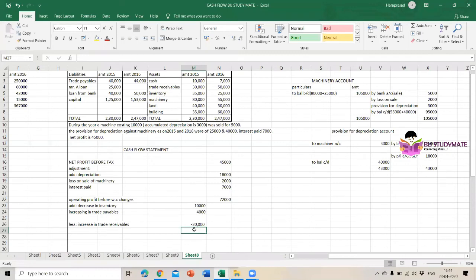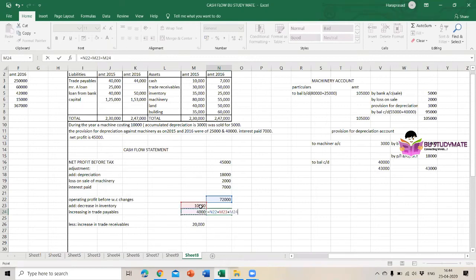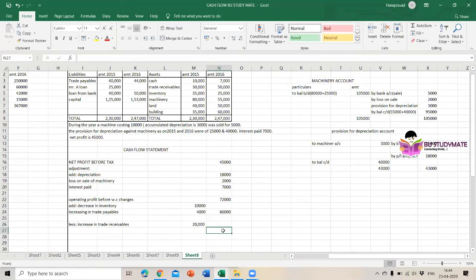Then total we got, here we got 72 plus 14,000, 86,000. 86 minus 20,000 is 66,000.